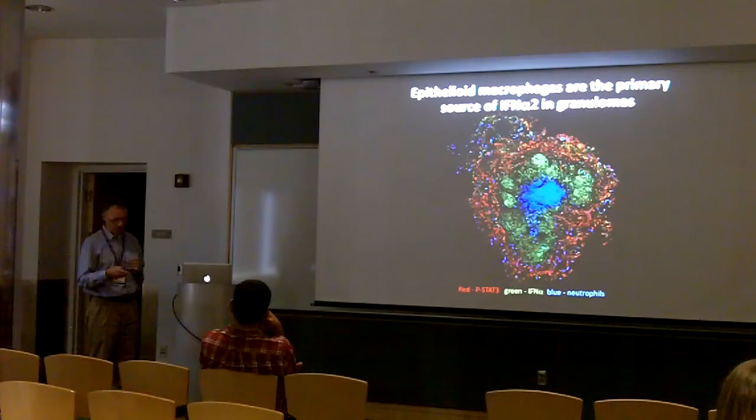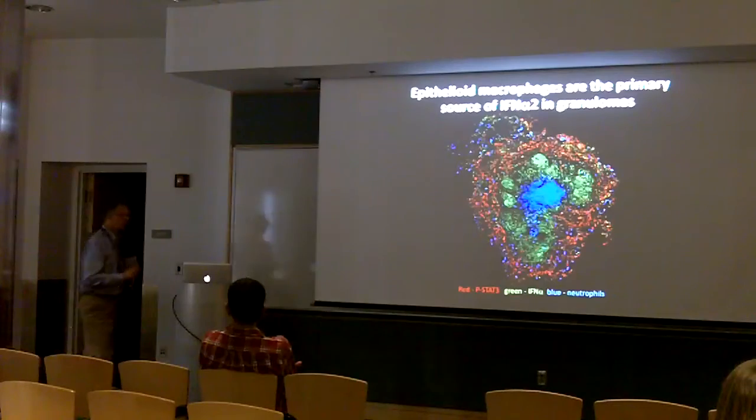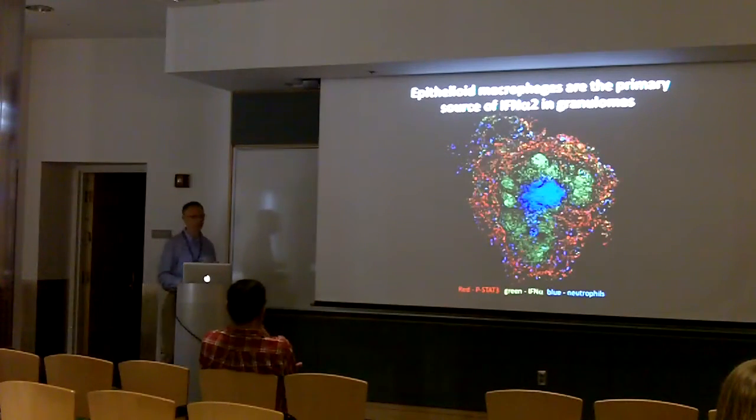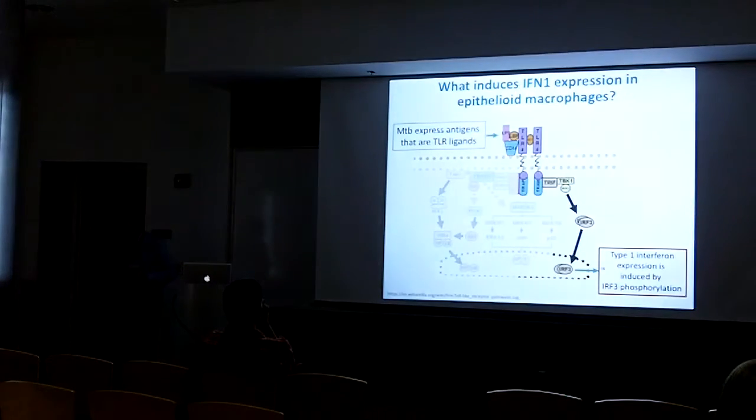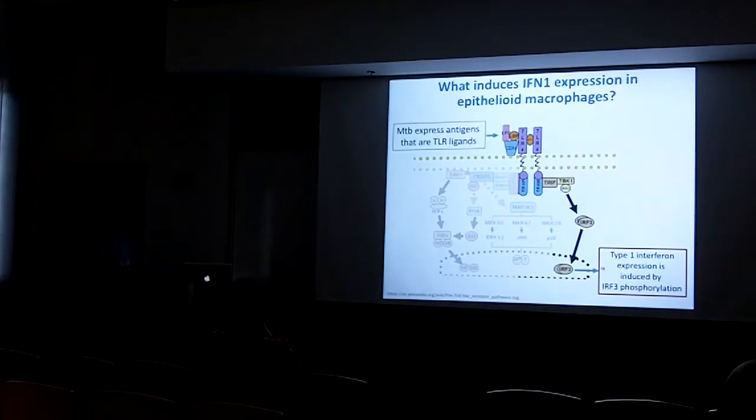And the population of neutrophils in here is very, very different from interferon alpha in this case. So it appears that epithelioid macrophages are making interferon alpha, and the cells outside of that population are responding to it. Now, the question is, why are epithelioid macrophages doing this in the first place?